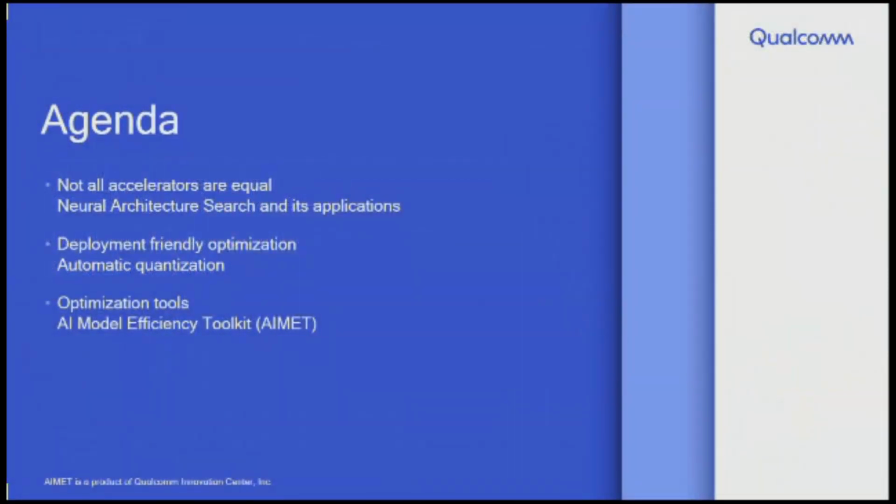And today's agenda, I'm going to cover, again, neural architecture search, but we are doing more hardware-aware searching, where we plug Snapdragon-related hardware constraints into our searching. You can plug in other hardware constraints as well. It's an automatic searching method, and after that, we are going to talk about how we do automatic quantization based on our found architecture.